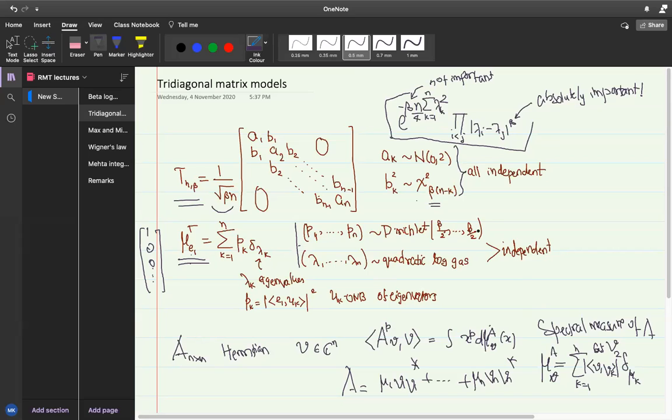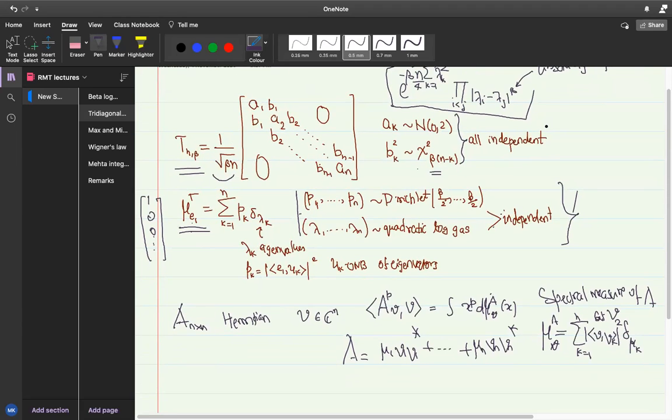And these two are in fact independent. The weights of the spectral measure and the eigenvalues are independent of each other. So this is a more general statement than just saying that the eigenvalue density is the quadratic log gas.